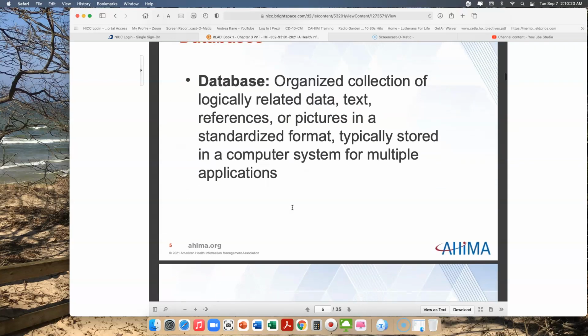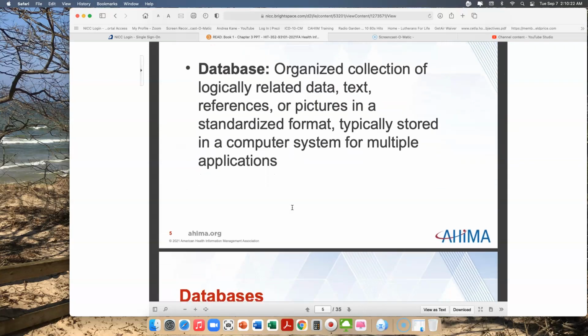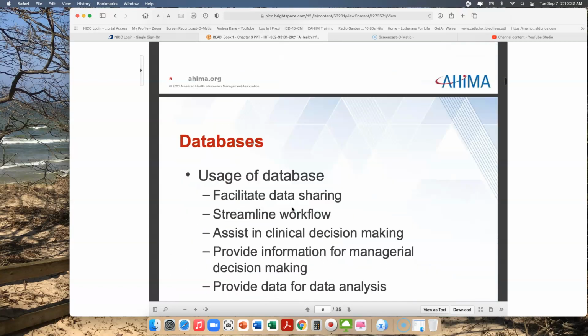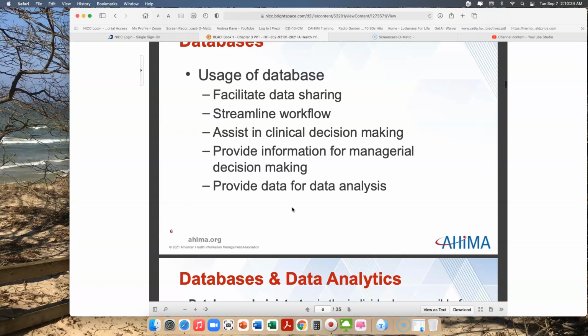Database. A database is an organized collection of logically related data, text, references, or pictures in a standardized format, typically stored in a computer system for multiple applications. So what's the point of having a database and using it?